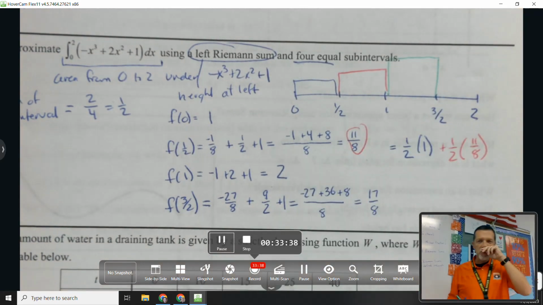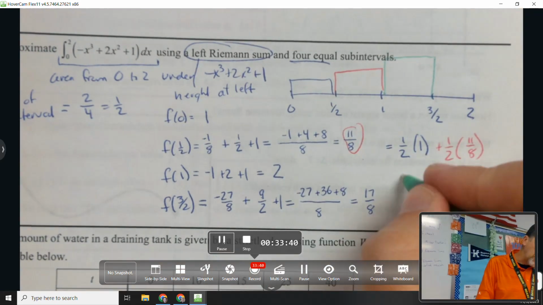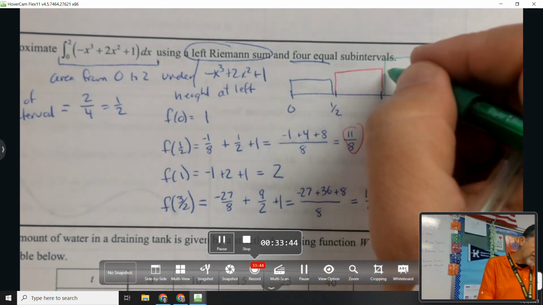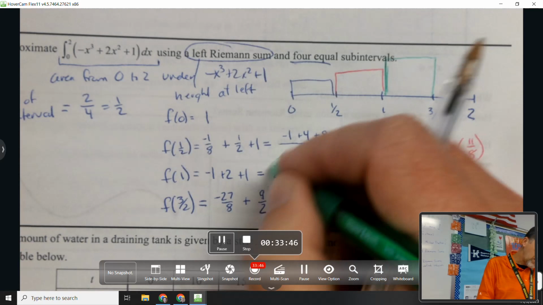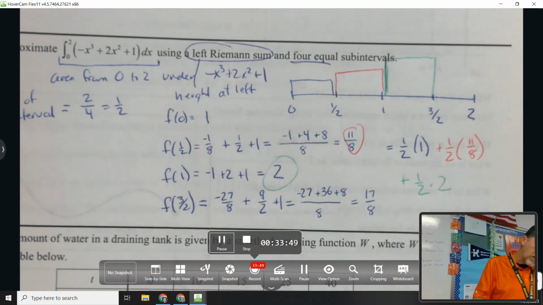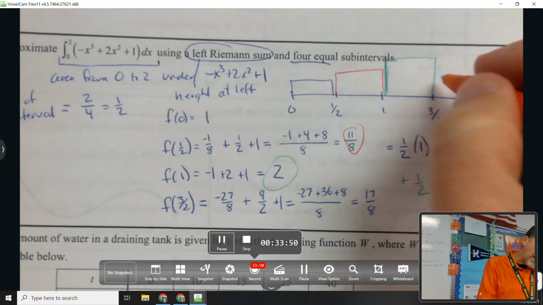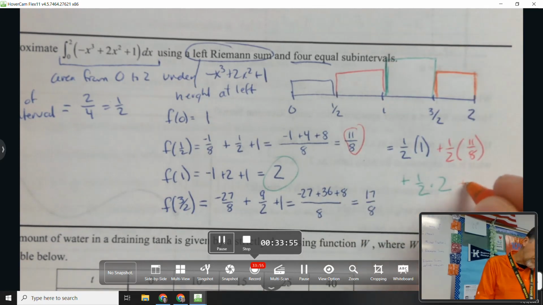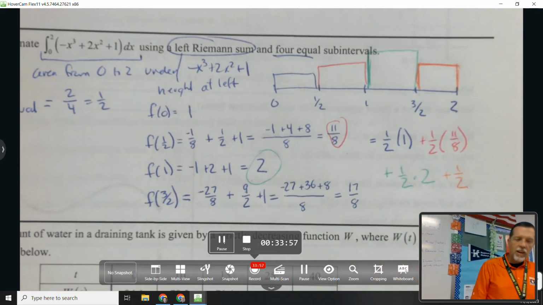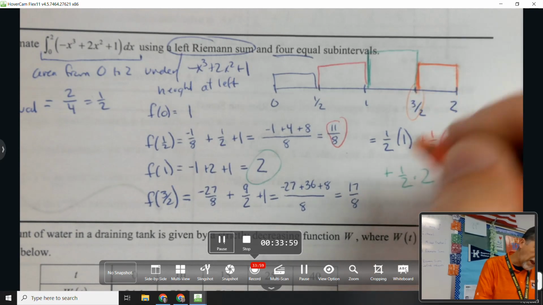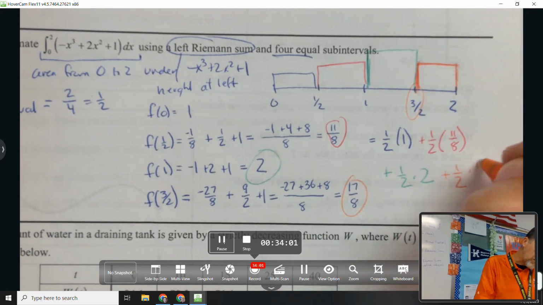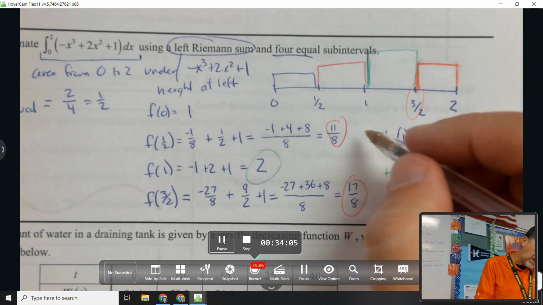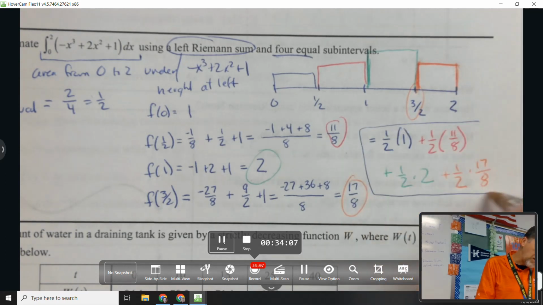I'm just trying to keep track of which rectangle I'm on. Plus the width is 1/2, and the height is f of 1, which is 2. And then lastly, the width is 1/2, and the height is f of 3/2, which is 17/8. And again, safe stop, so I'm not messing with that. That's my answer.